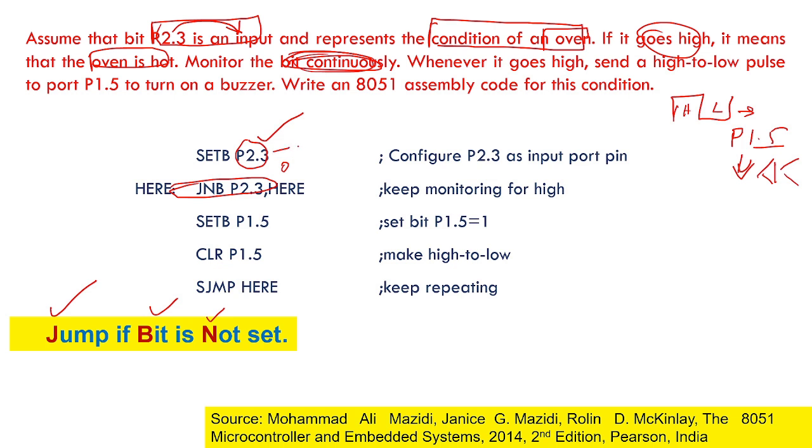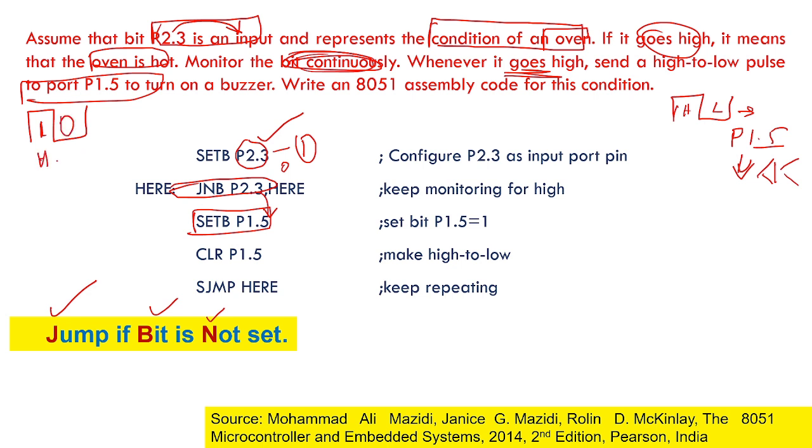Suppose P2.3 becomes 1, that is high. Then I want to come out of this loop and set 1.5. That is the condition, right? So I want to send a high to low. First I set the logic to 1, then I clear it.